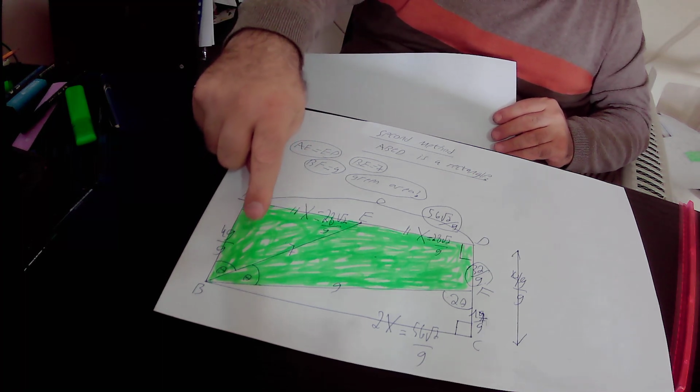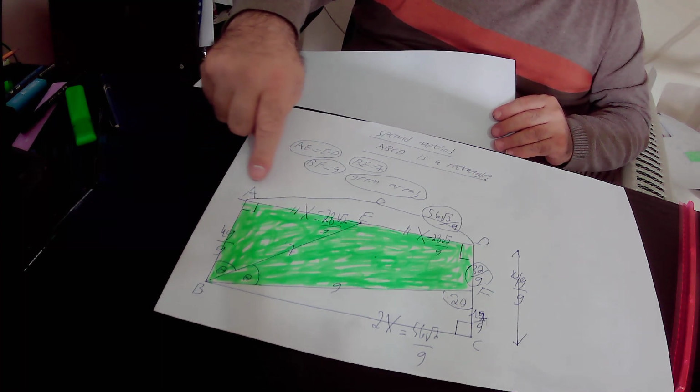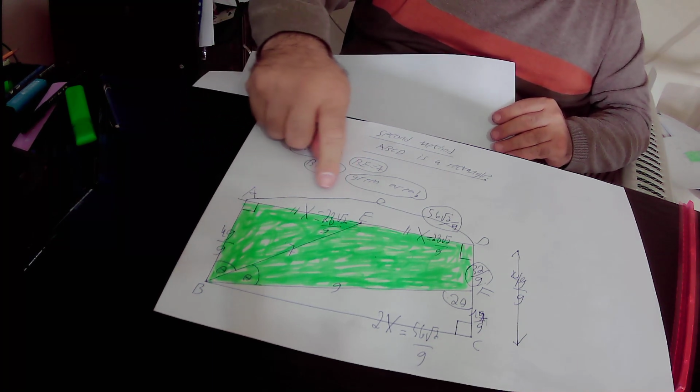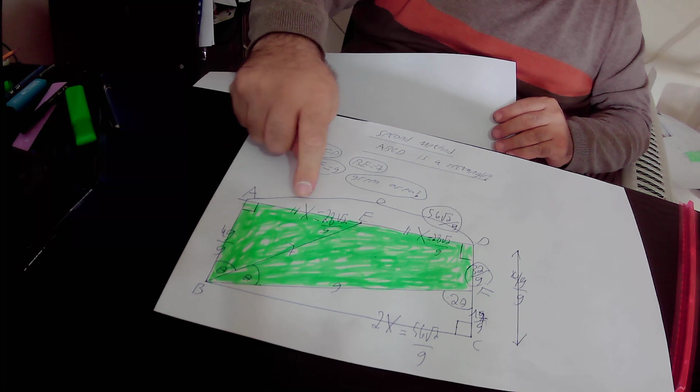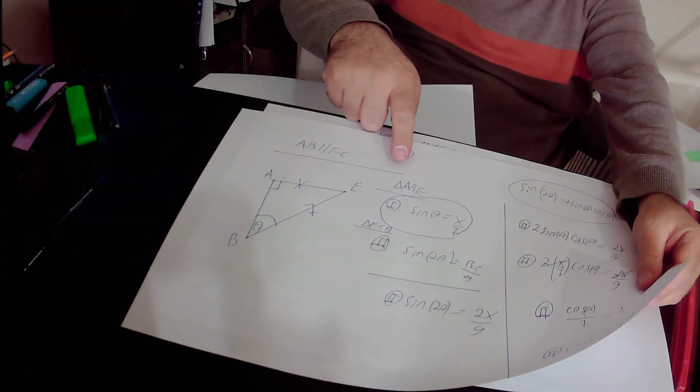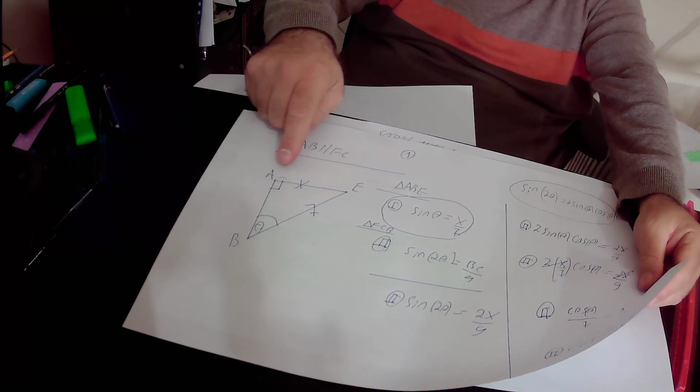We know that sine theta is AE over EB. We defined AE as x, so sine theta is x over 7. In the right triangle AEB, sine theta is x over 7.